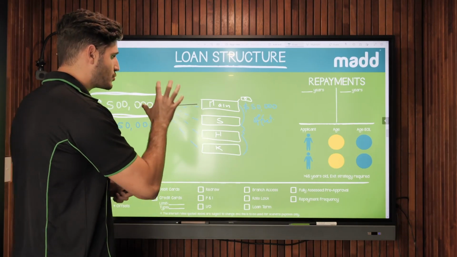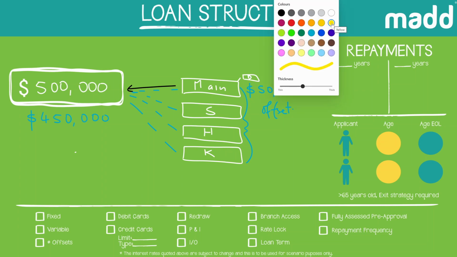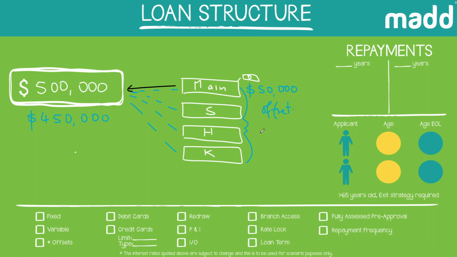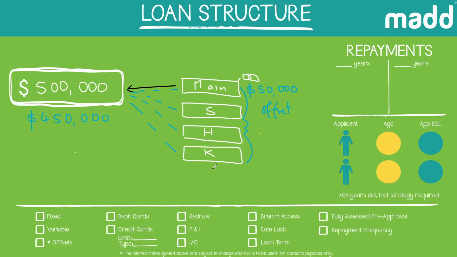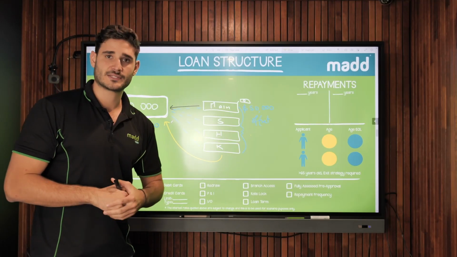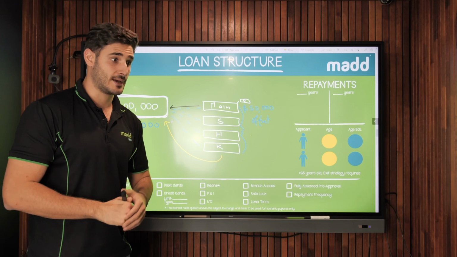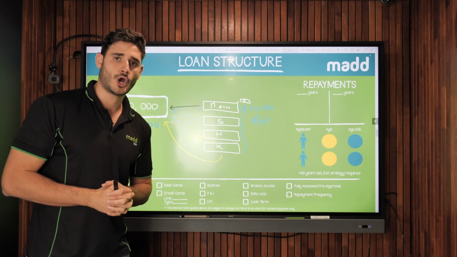So what's the difference between offset and redraw? Well, the difference is rather than having your money sitting in those transaction accounts, you manually transfer money directly into the loan. So let's just say you said, hey, instead of having the $50,000 spread out throughout those transaction accounts, I'm literally just gonna dump $50,000 direct into my home loan.